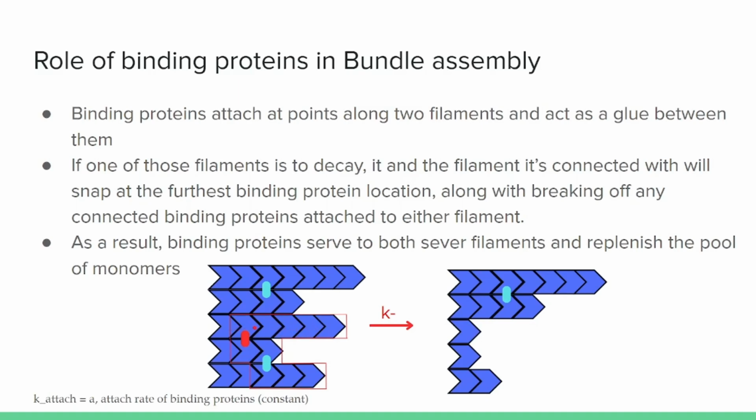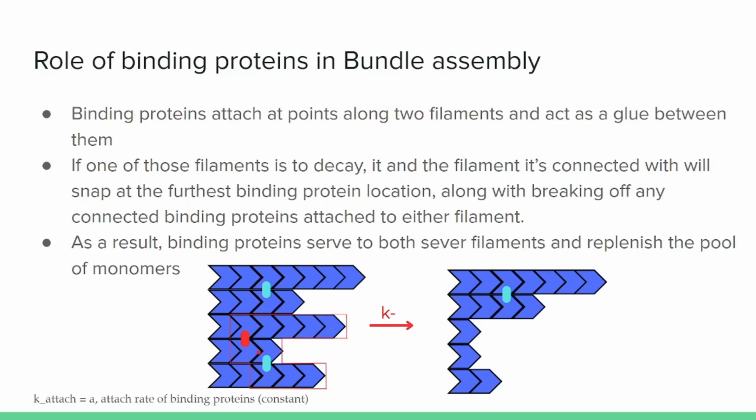And when a filament is set to decay, it goes to the furthest binding protein along itself and snaps off from that point. So if filament 4 were to decay, it would decay from this binding protein here. But since it's filament 3 that is decaying, it's decaying from this binding protein highlighted in red here.